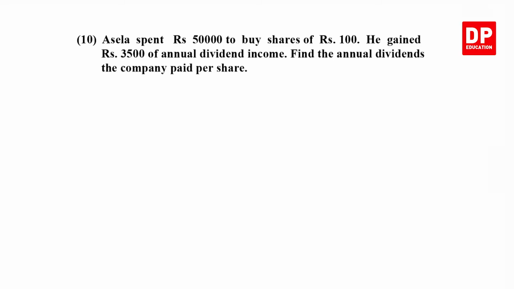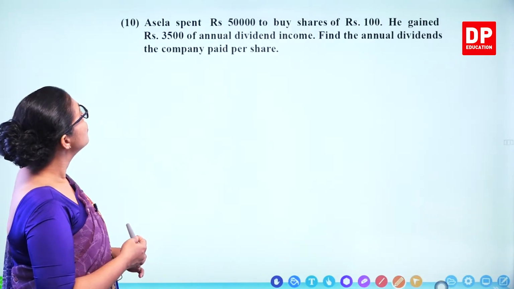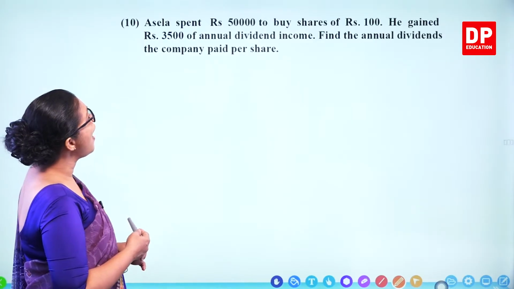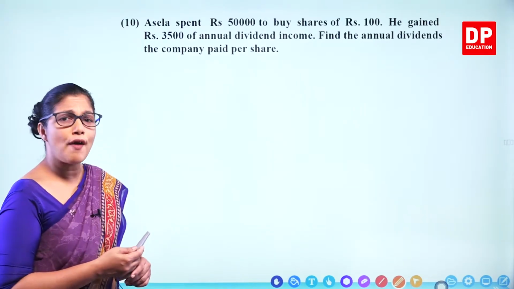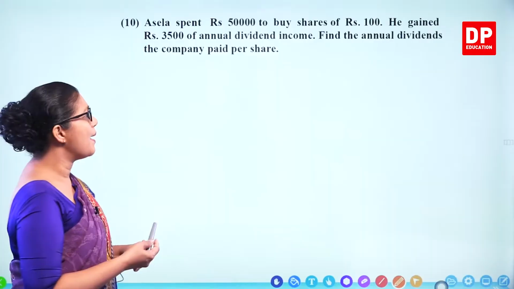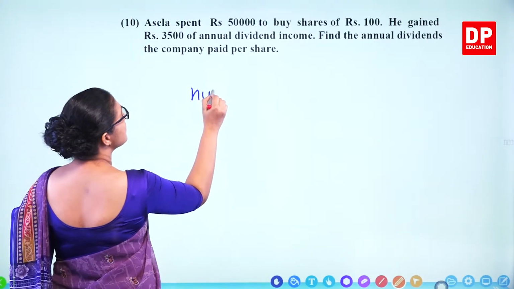Question number 10. A sailor spent 50,000 to buy shares of 100 rupees. He gained 3,500 of annual dividend income. Find the annual dividend the company paid per share. So first you have to find out how many shares there are.